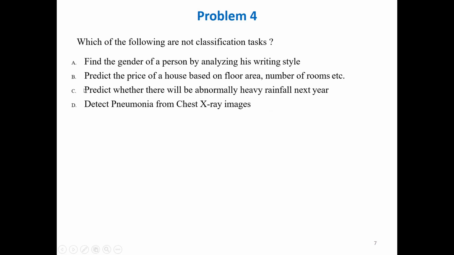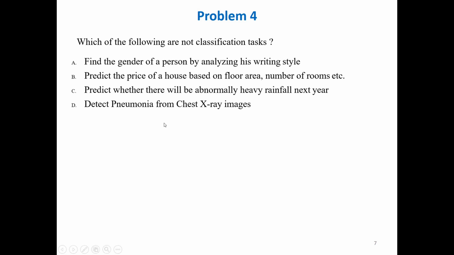So that is also a problem wherein the outputs are categorical, discrete in nature. Then D is detect pneumonia from chest X-ray image. In this problem also, whether pneumonia is present or not should be detected by using the X-ray image.